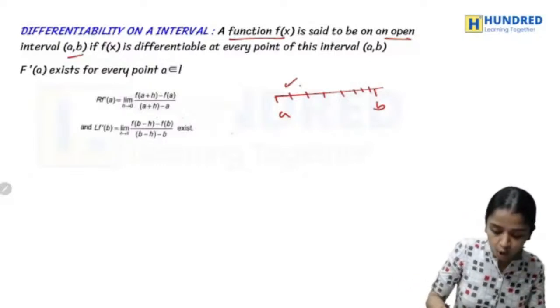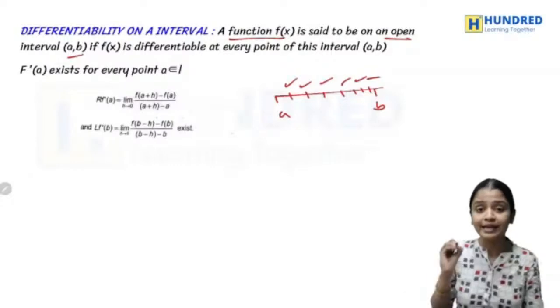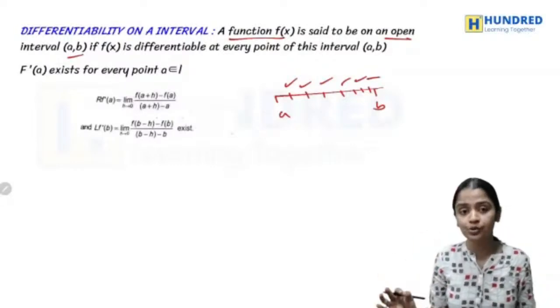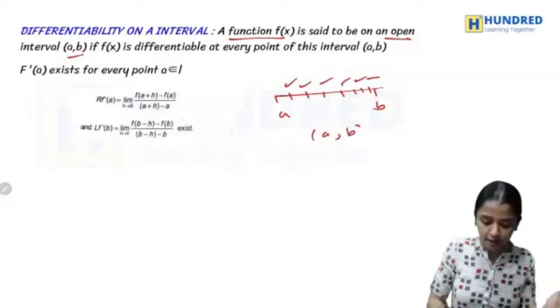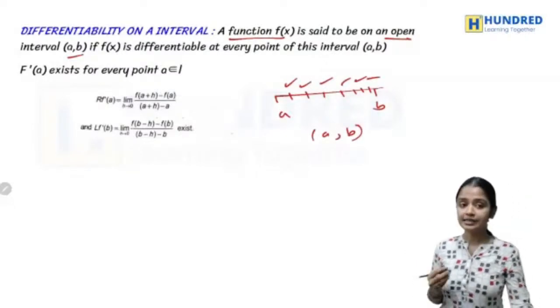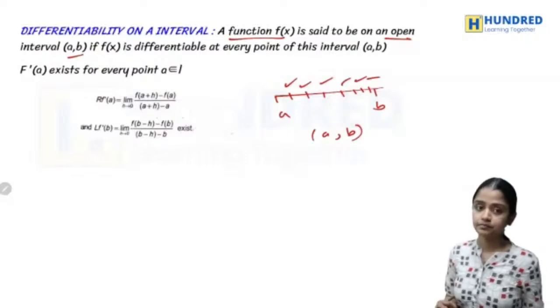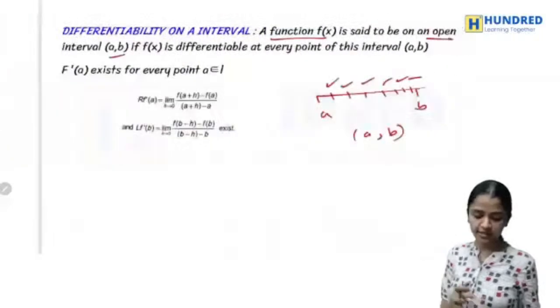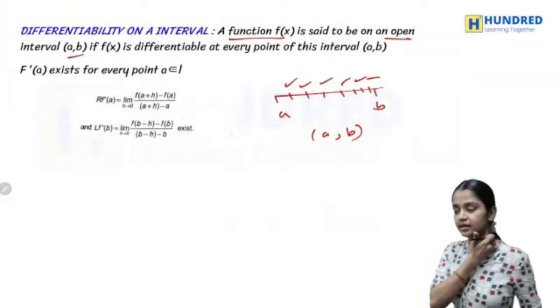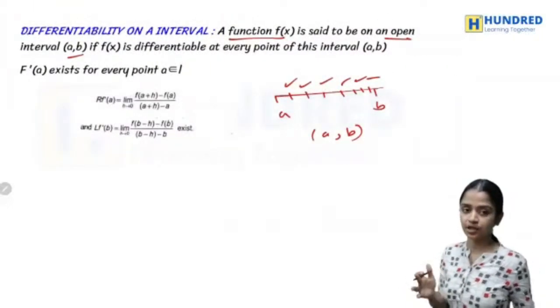In all these points, it should be differentiable. Then only you can say that it is differentiable in the interval (a, b), okay? Are you clear with the differentiability in the interval? Just put I clear, because I'm talking about the interval.